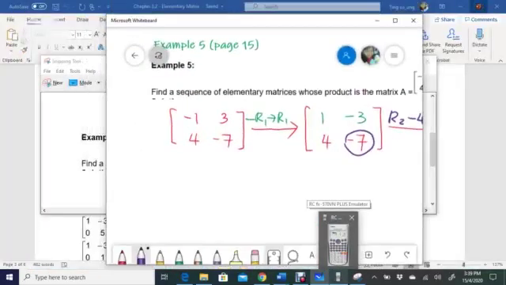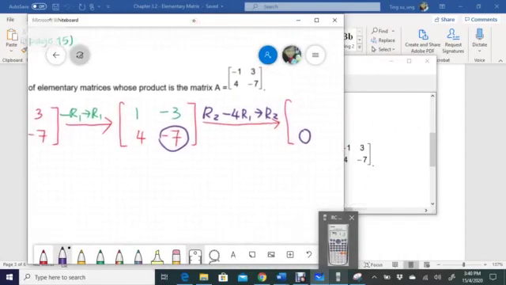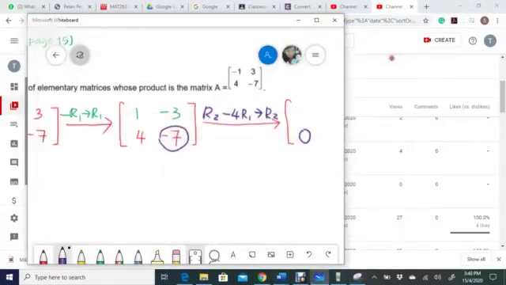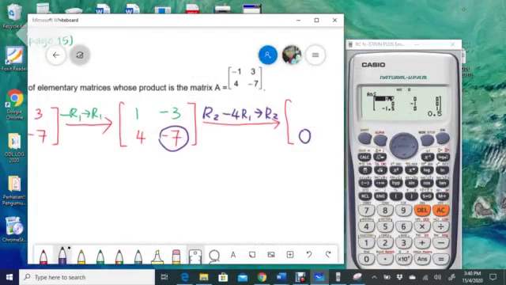Then for -7, you have -7 minus 4 times (-3), which equals 5.